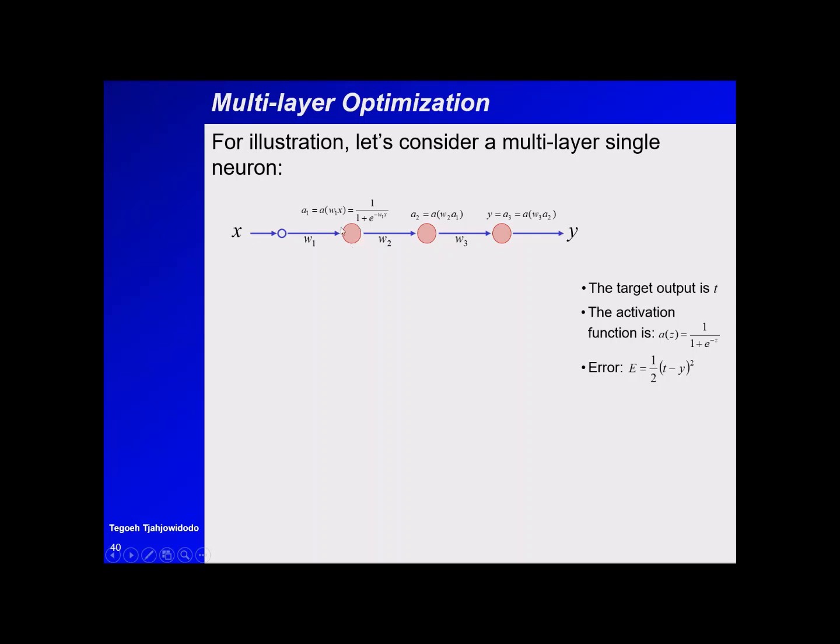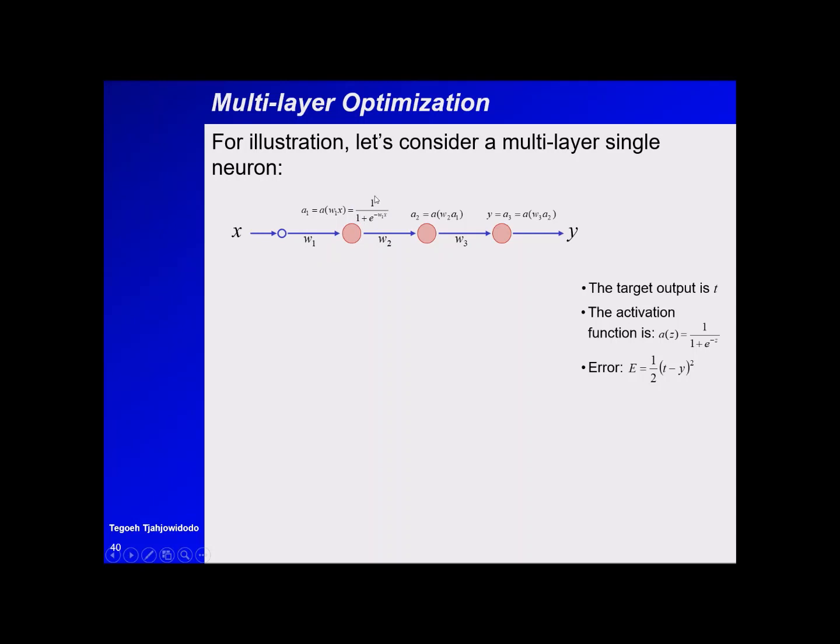And then through this node, we have to pass it through the nonlinear activation function. Let's take this case as our activation function. So the output of this node will be equal to the activation function evaluated for z equal to W1 times x.